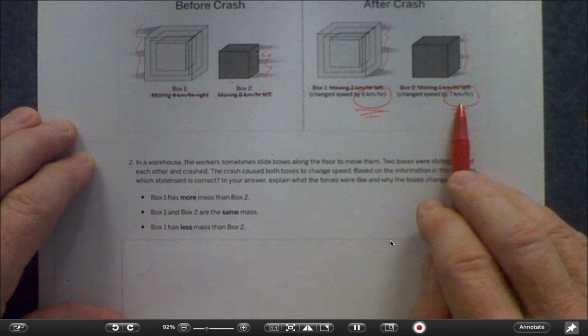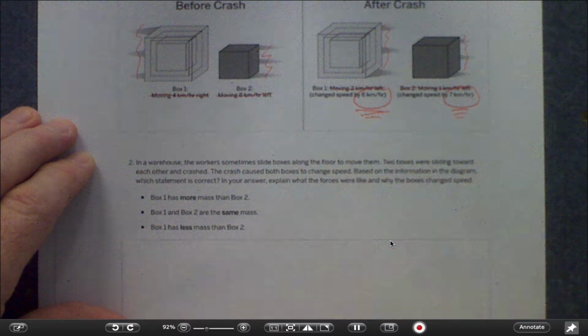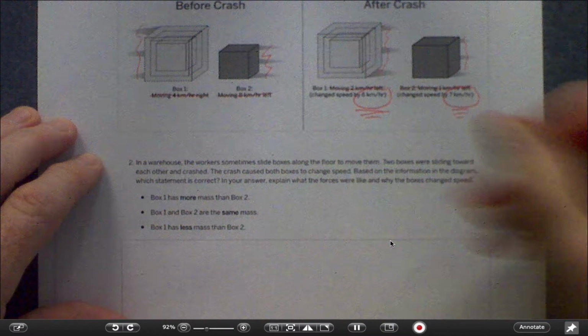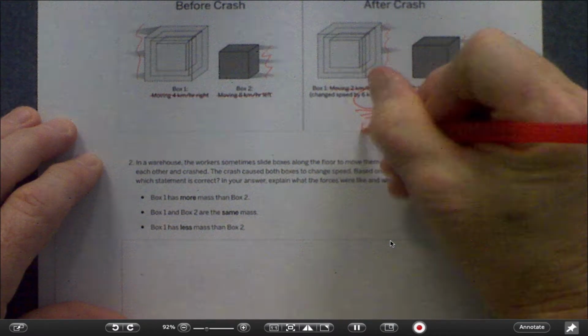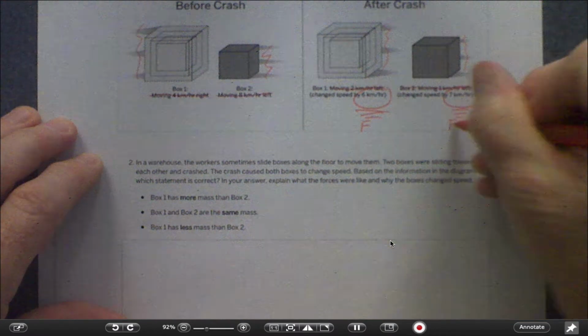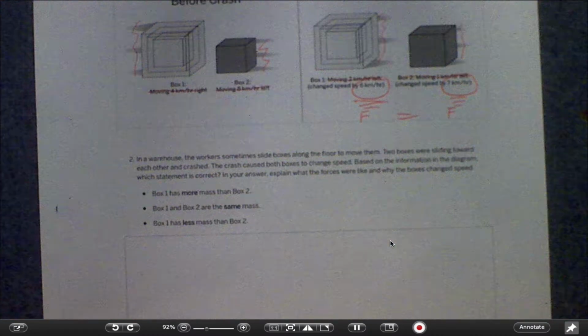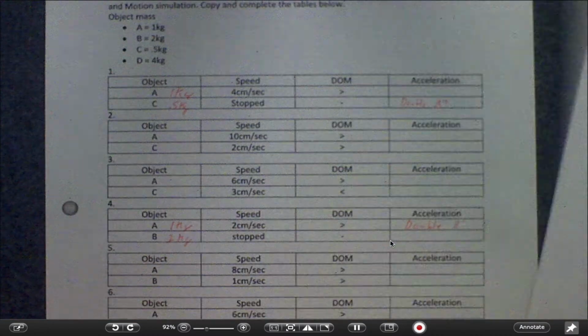Newton's first law says a force had to have acted on these because we have an acceleration. We're going to come back to Newton's second law in a moment. Now let's take Newton's third law. Newton's third law says the force on both boxes in the collision is equal. That was the whole purpose of this one.